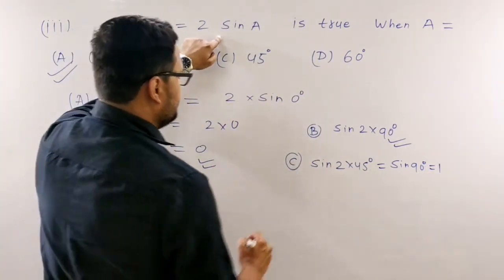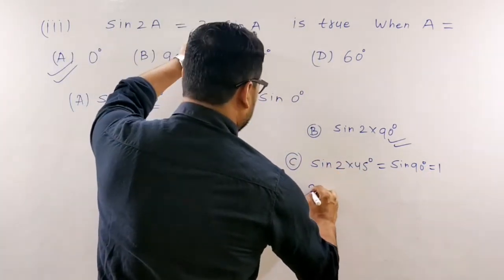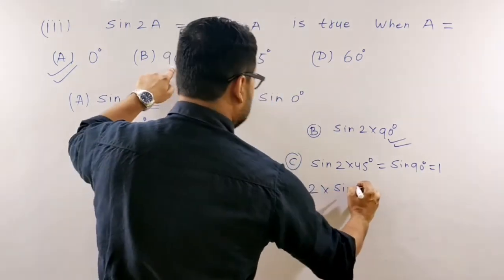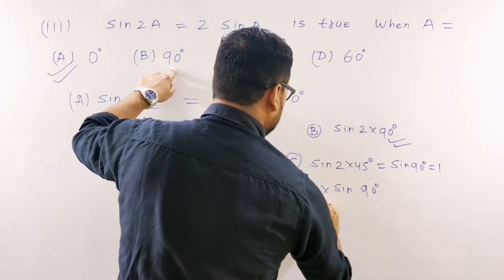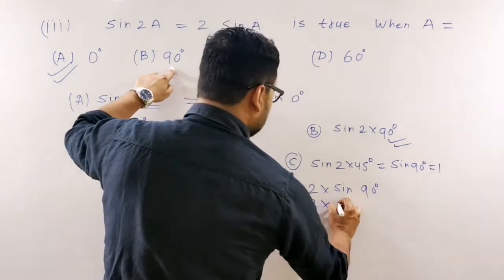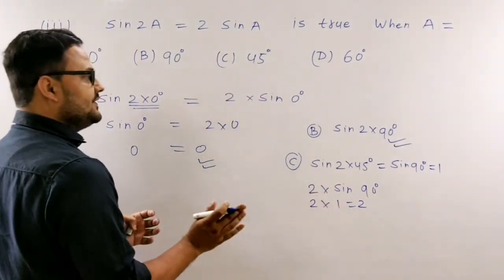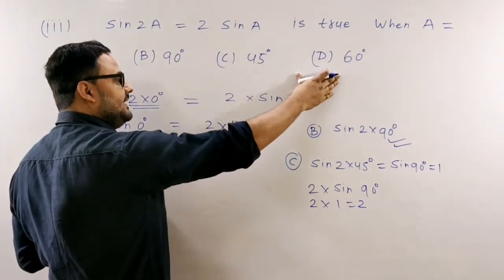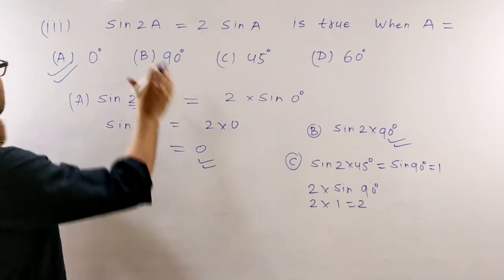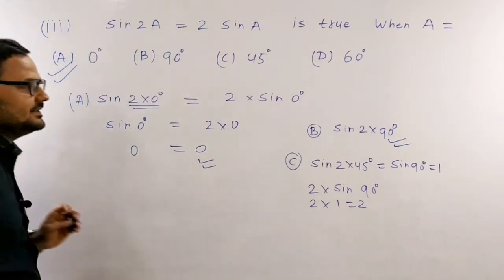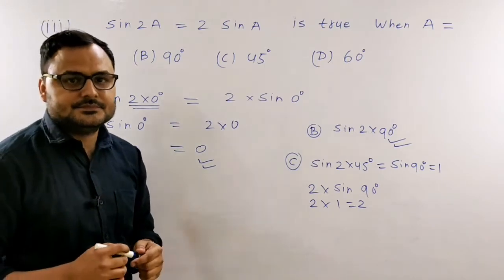That was the LHS. Now check the RHS: 2 into sin A, and A is 45, so 2 into sin 45. LHS 1, RHS not equal, that is not possible. Again D is also not possible. So for the third one, A, that is 0 degree, is the right answer.